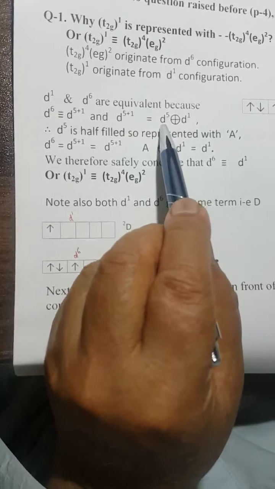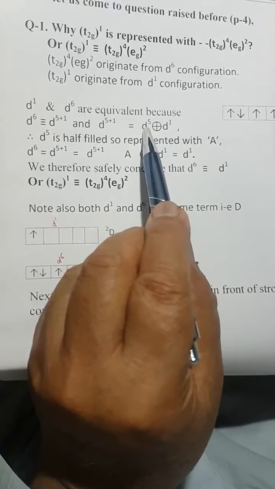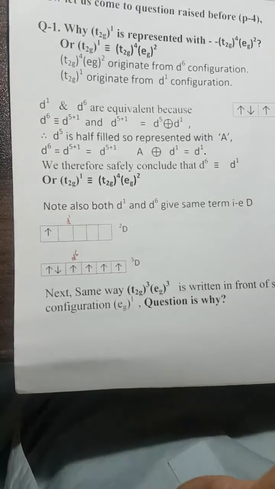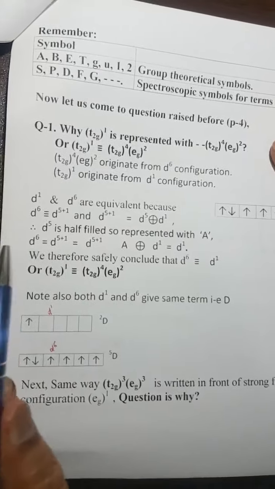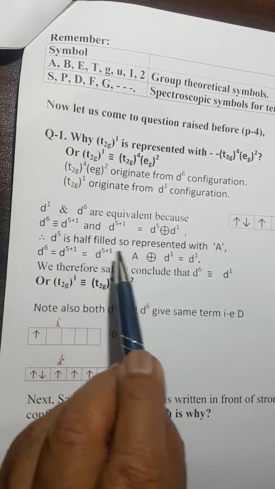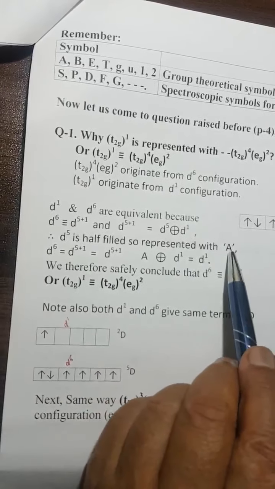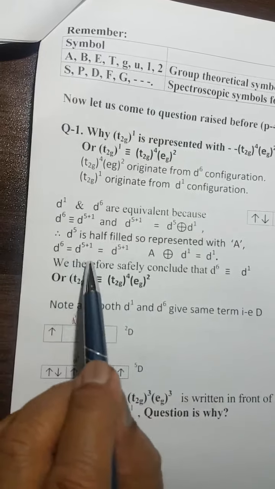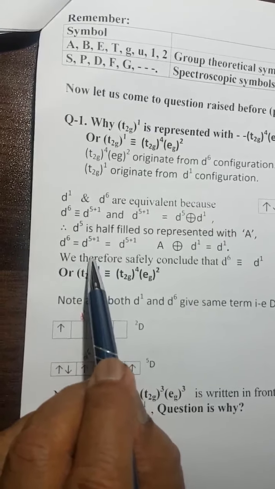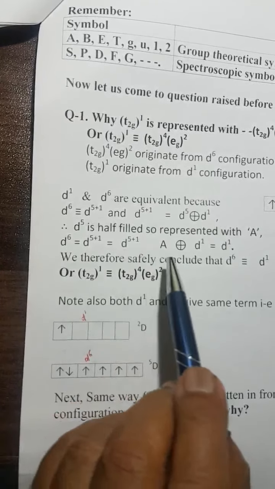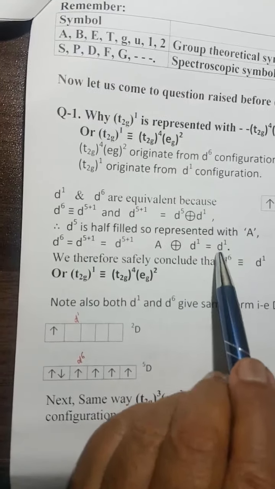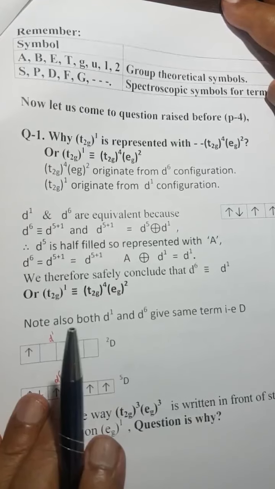So this is A. Okay, so A plus d1 should be equal to d1. So this is what I am saying. d5 is half filled, so represented by A. So d6 equal to this, A plus d1 equal to d1. Done.